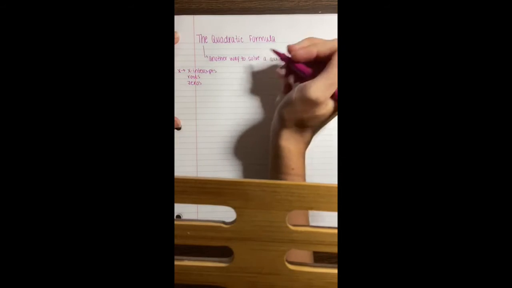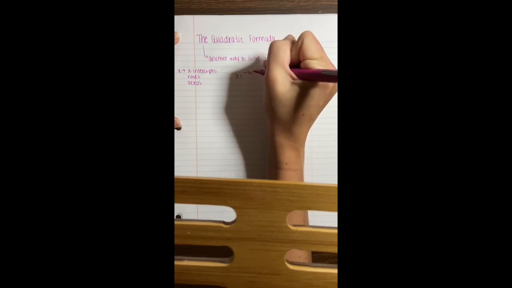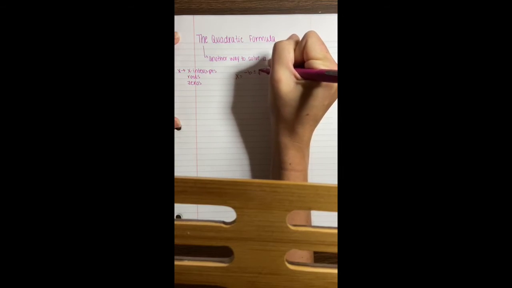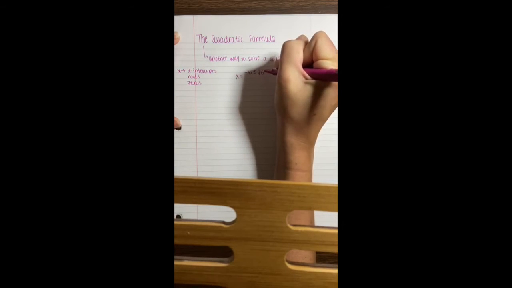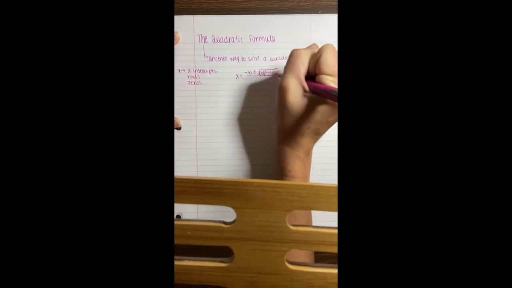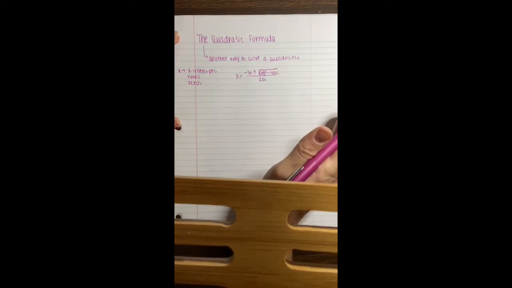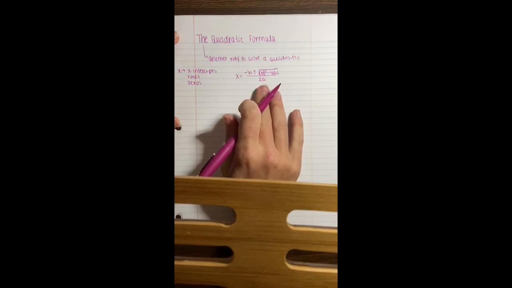So our quadratic formula is x equals the opposite of b plus or minus the square root of b squared, b in parentheses, minus 4ac, all over 2a. Now, if I were to give you a normal assessment, if we were in the classroom, I would expect that you know this.